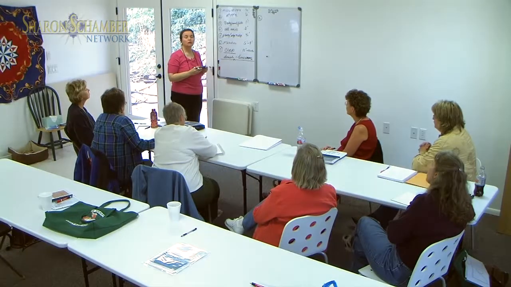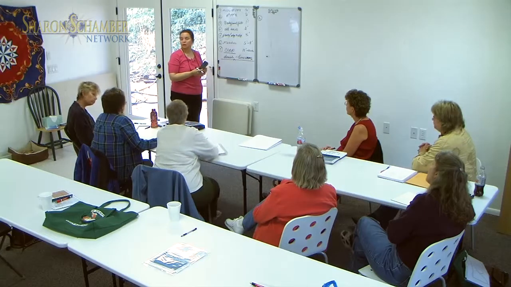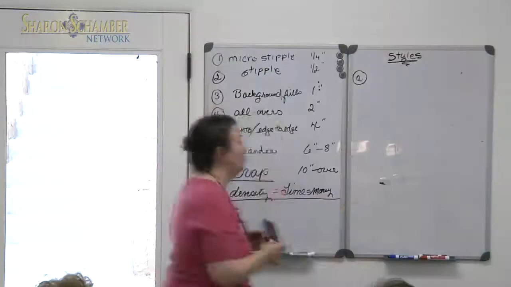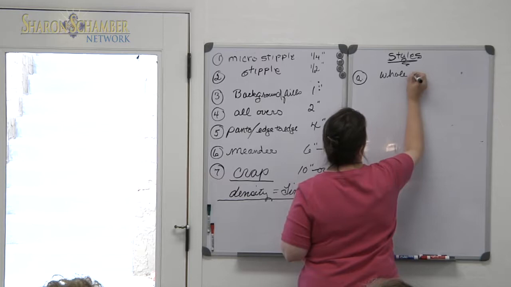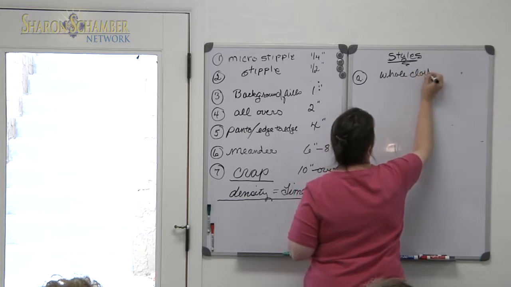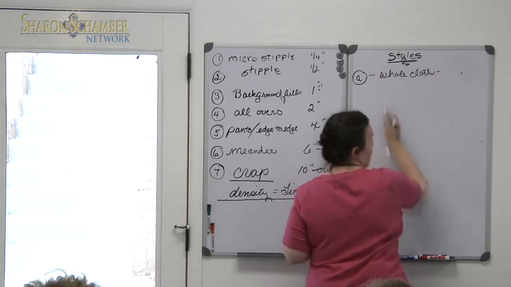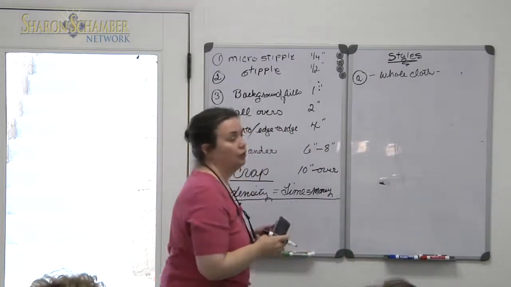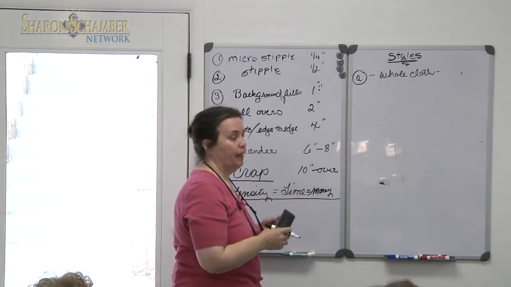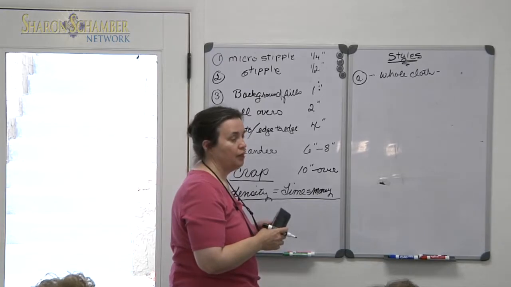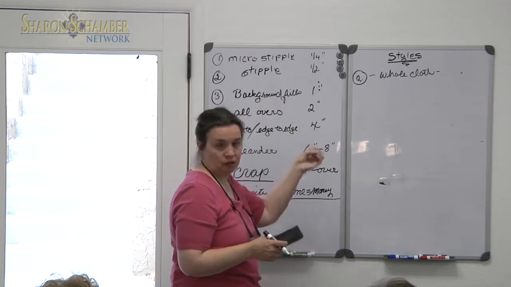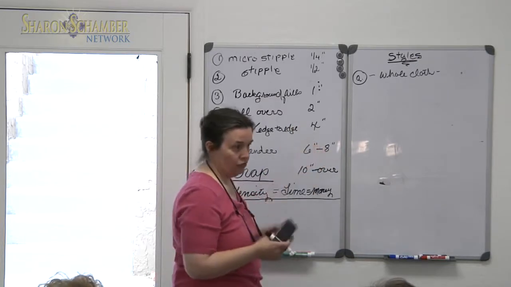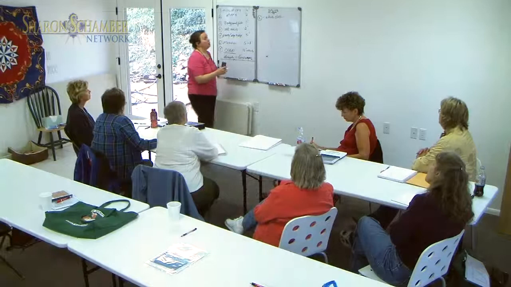Straight lines. Whole cloth. You cannot do whole cloth without being accurate. There's nothing there to hide. Some people do whole cloths and they're really crappy, but that's not the point. If you're choosing to do a whole cloth, it's to experience that pristine stuff. Does that make sense? So what would be the next?